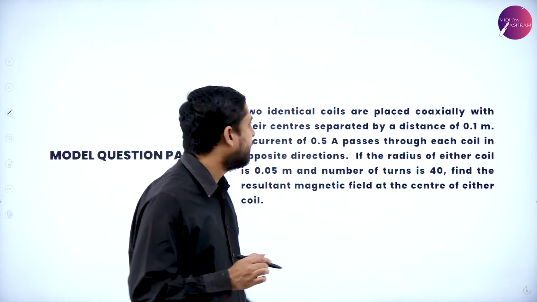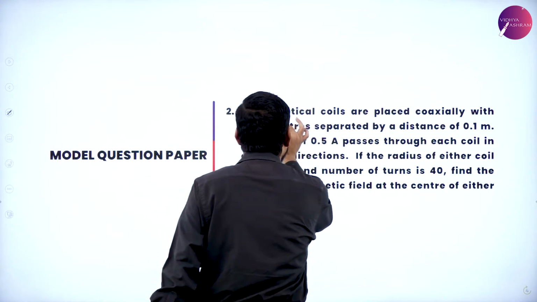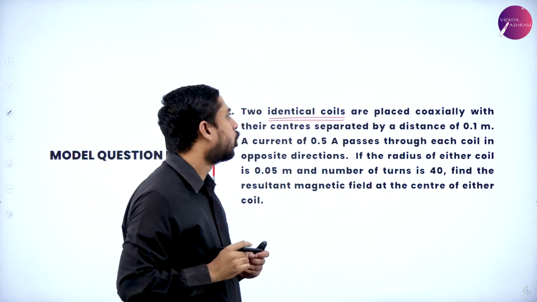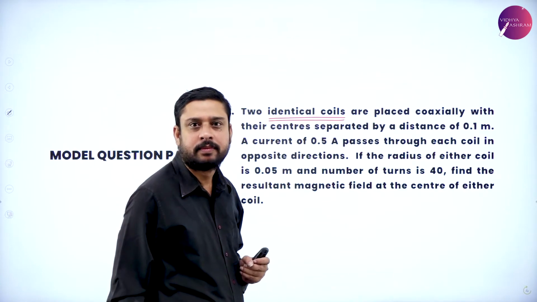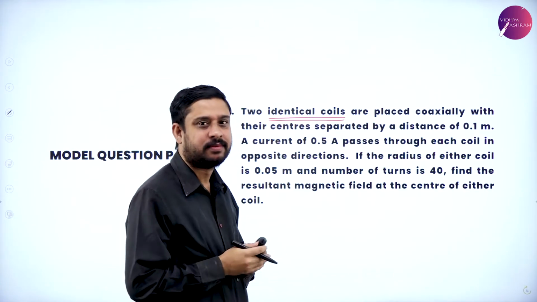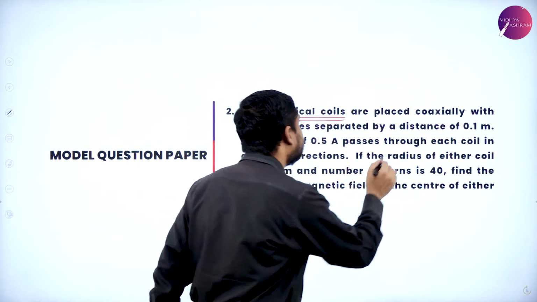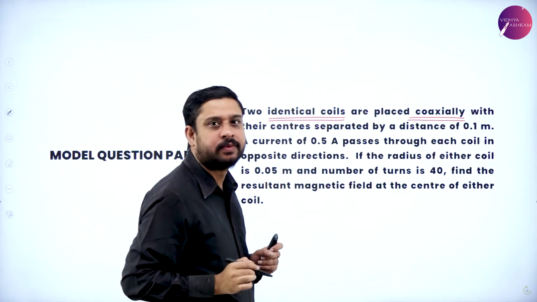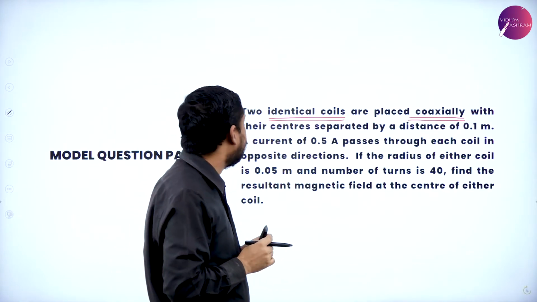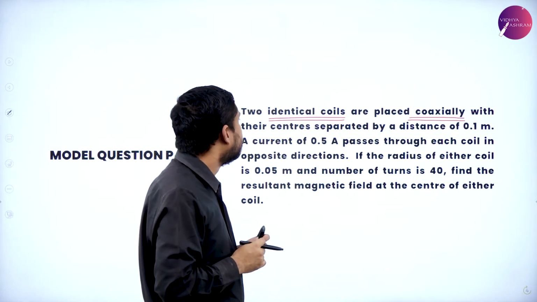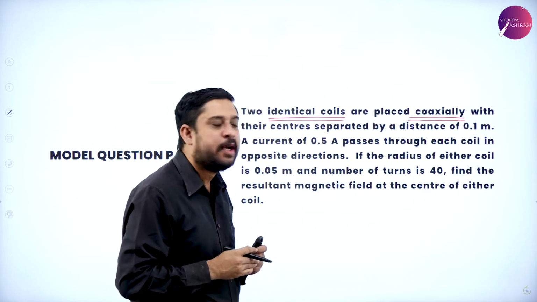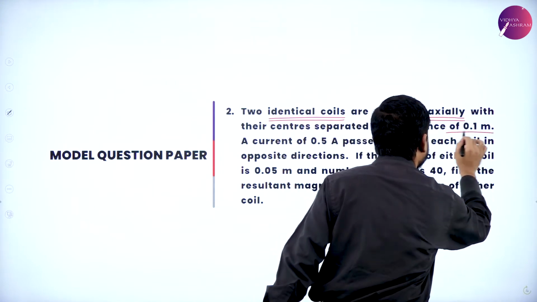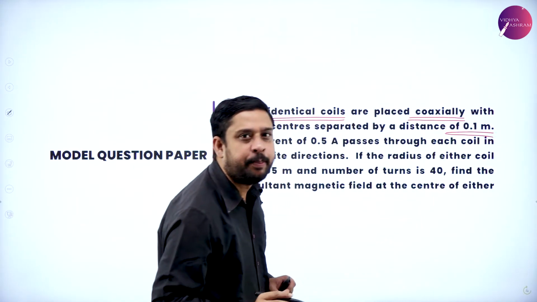The next one. The problem says two identical coils are placed coaxially with their centers separated by a distance of 0.1 meter.